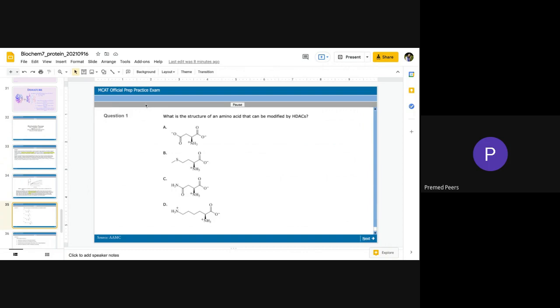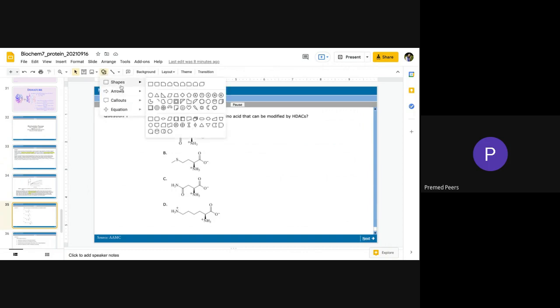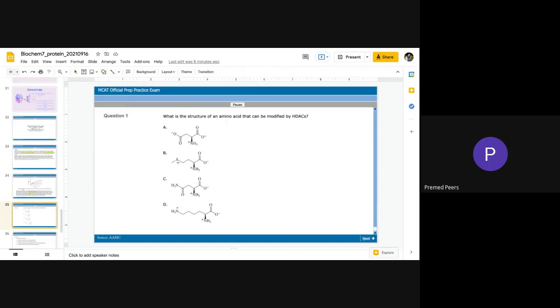So what does a basic residue look like? Basic residues pick up an extra proton on the side chain. So we need to look for the side chain that has an extra proton, ideally making it positive, right?